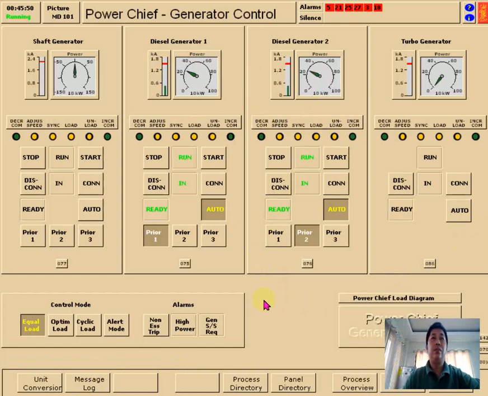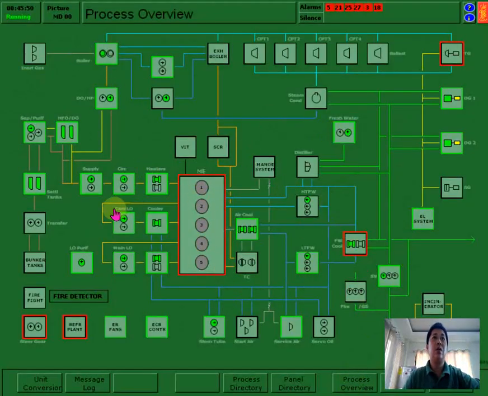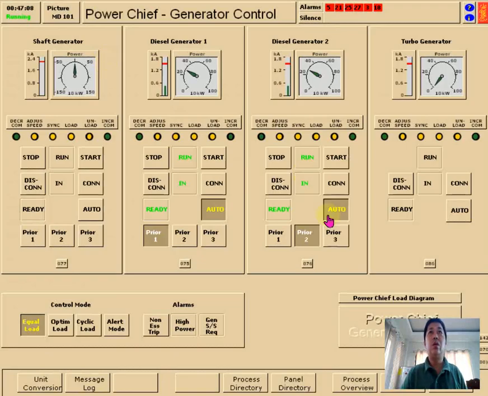If you reduce the load again, DG1 will take all the load from DG2, and DG2 will decrease to 0 and stop the engine automatically, the prime mover, and disengage the circuit breaker automatically. When you put another load, additional machinery, DG2 will start automatically and engage the breaker automatically, and DG2 will take the load, DG1 will reduce its load, and they have equal load sharing as you can see here.